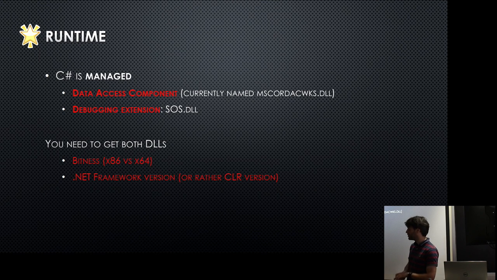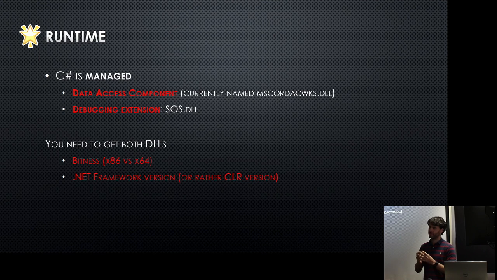And the problem is, you need to get the right ones, because first, as I said before, your process might be 32 or 64 bits. And if you grab the wrong one, that won't work, quite obviously. And the second point is, this is based on the .NET framework version, or rather the CLR version. Nowadays, it's very likely that you're targeting at least CLR4, so you just go to the highest number in there and grab it.